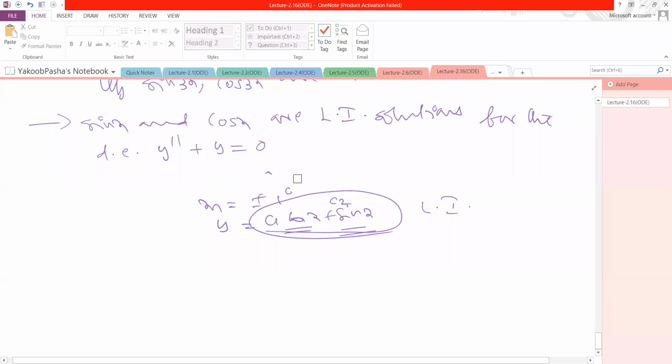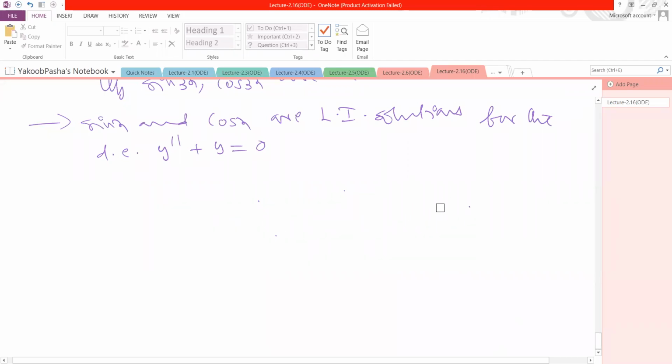Now similarly, here sin x, cos x are linearly independent solutions of the linear differential equation y double dash plus y is equal to 0.